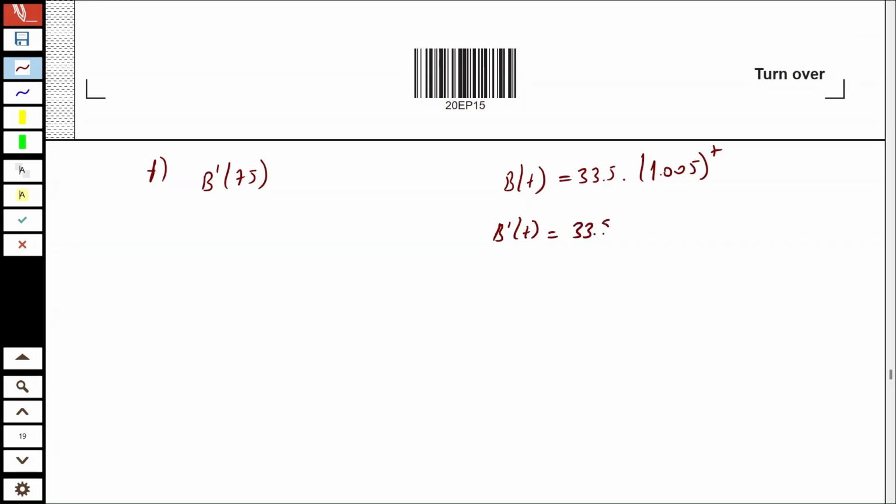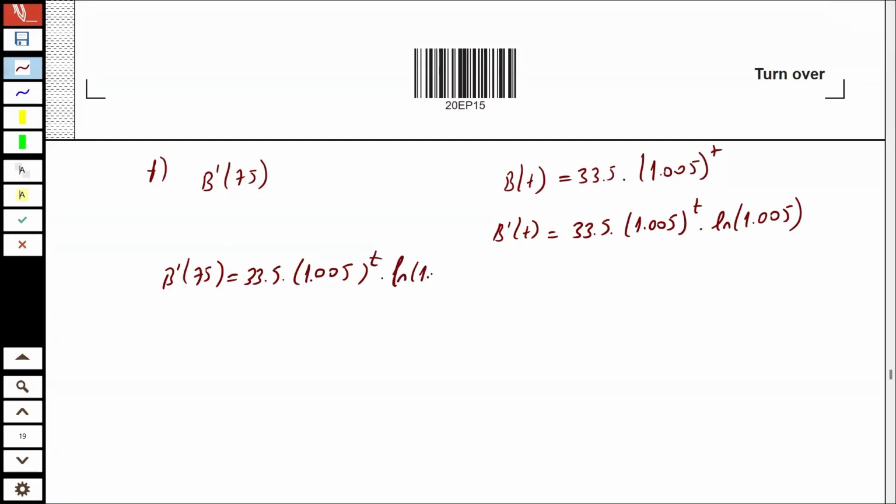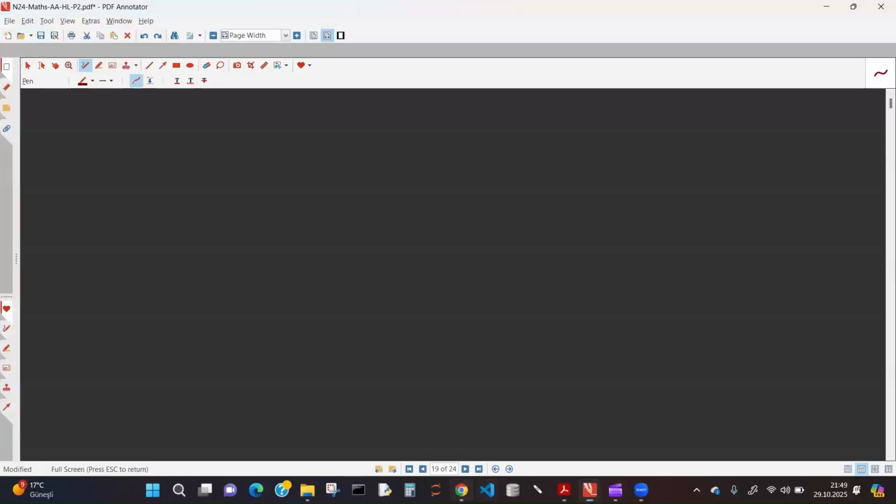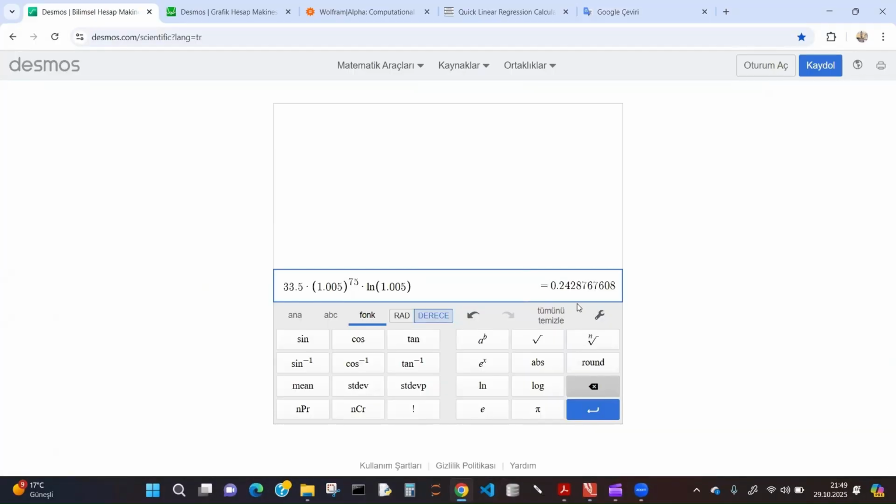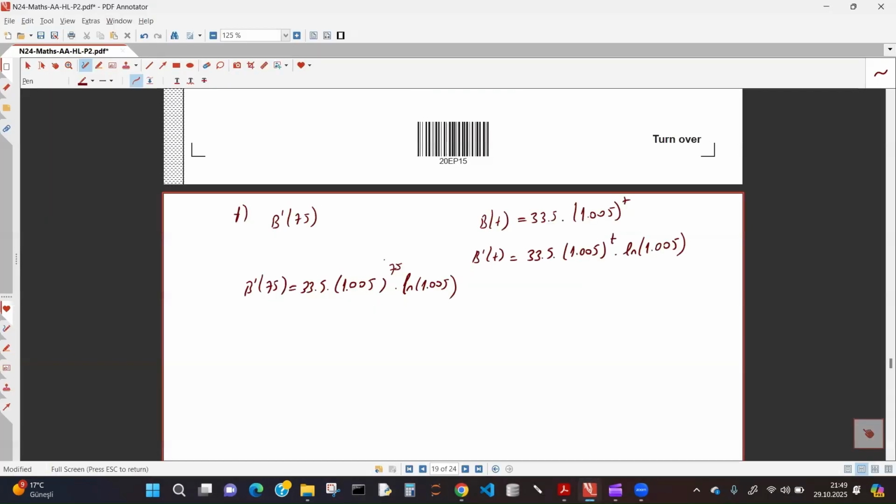It's going to be 32.5, the same, just you are adding ln 1.005. In this case, we will substitute 75 into this function here. Let's find this: 0.24 approximately.